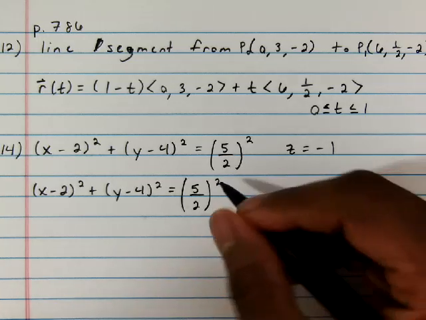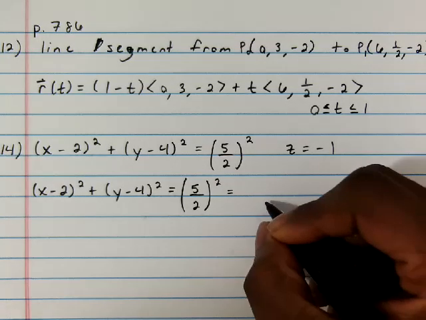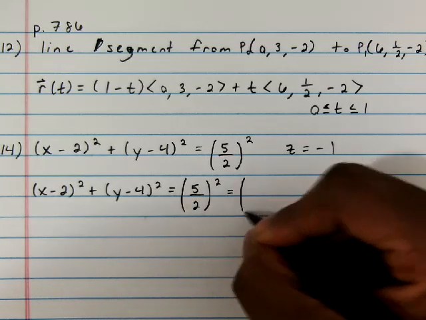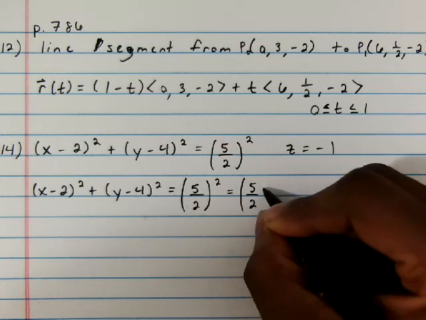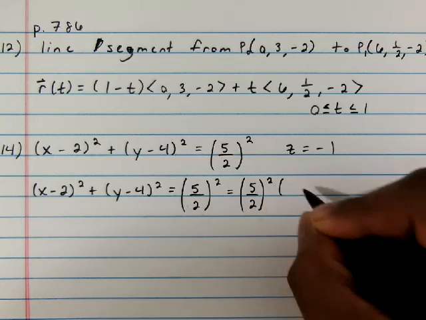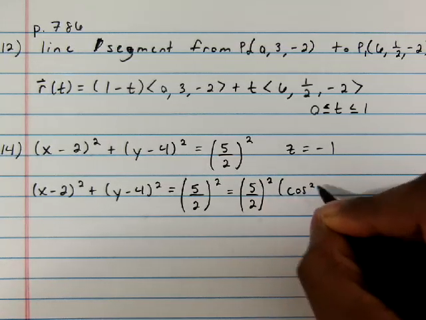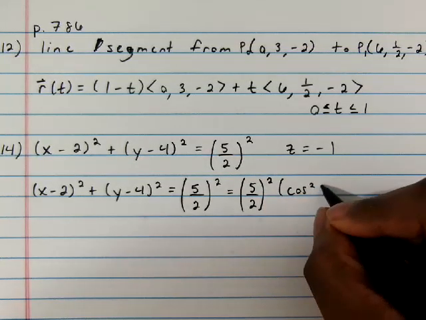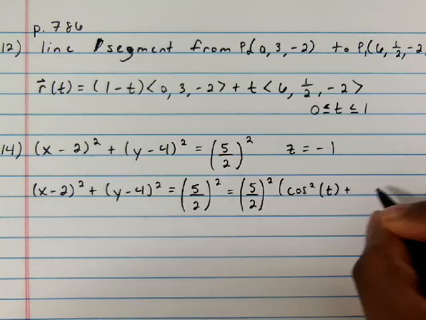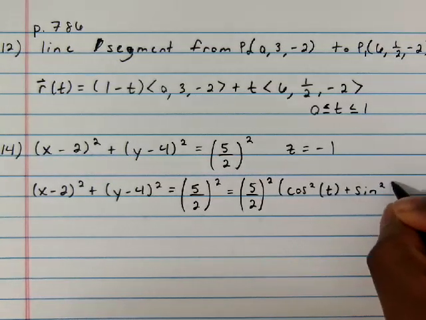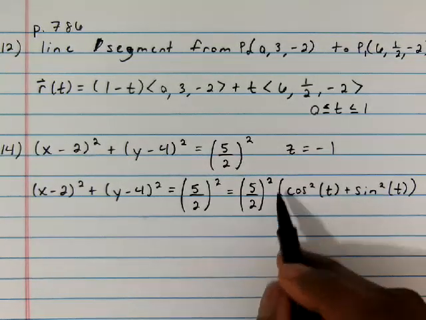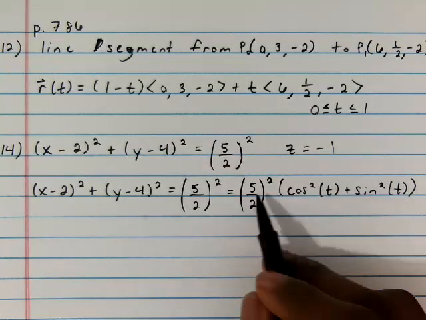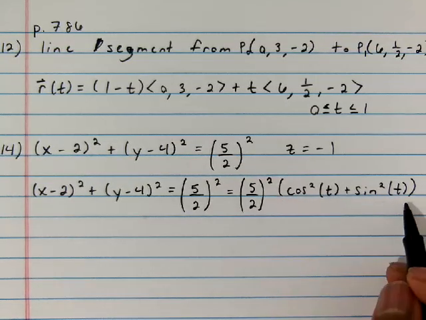My favorite trig identity allows me to write (5/2) squared in terms of sines and cosines. So this is the same as (5/2) squared times cosine squared t plus sine squared t, right? Because this is just 1. So now I've written (5/2) squared in terms of sines and cosines.